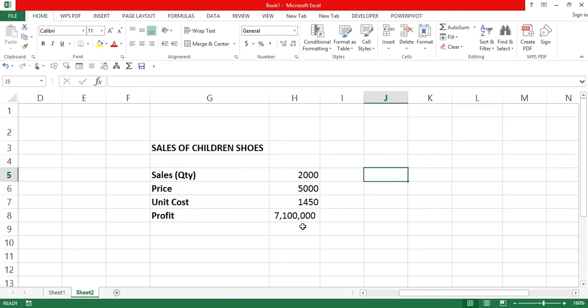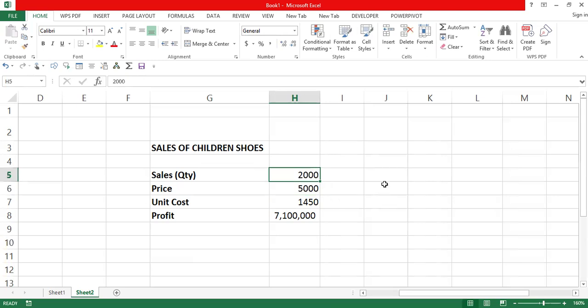So how do we get the profit? You minus the unit cost from the price, and you multiply it by 2,000.